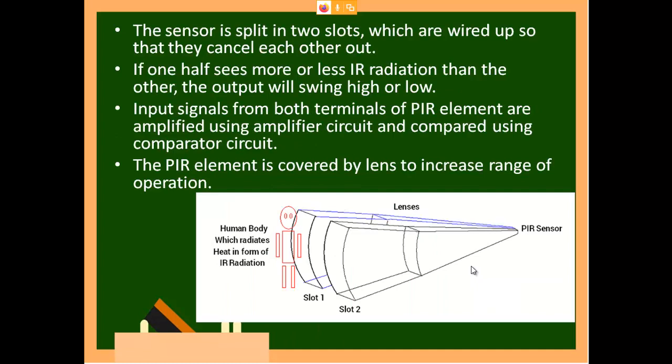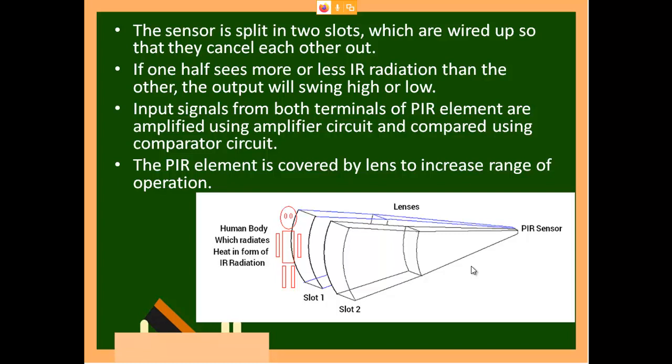Okay, now to identify whether real motion is happening, what we have done is we have divided the lens into two slots. Okay, slot 1 and slot 2. The two slots will give two inputs, and when you feed these two inputs to a differential amplifier, you will identify whether the person has moved from slot 1 to slot 2.